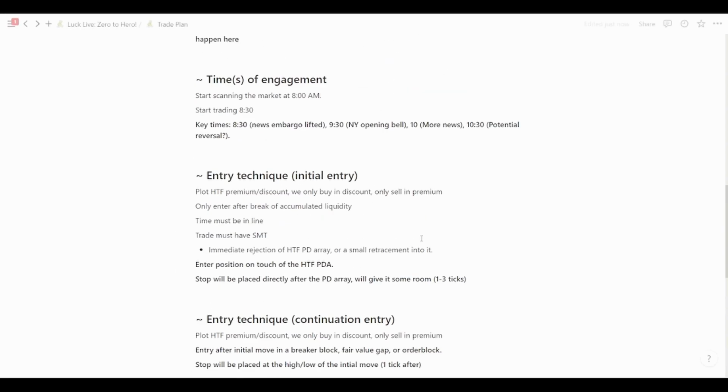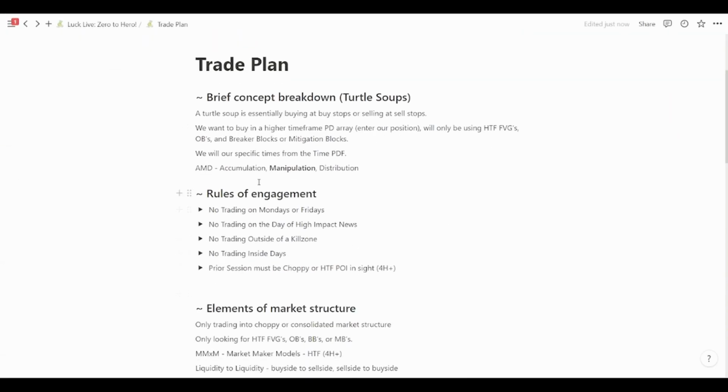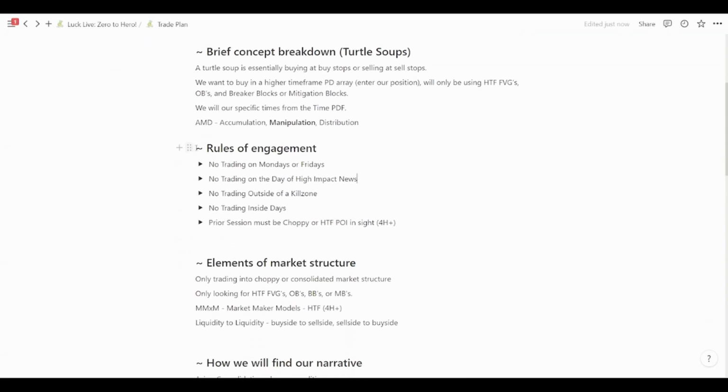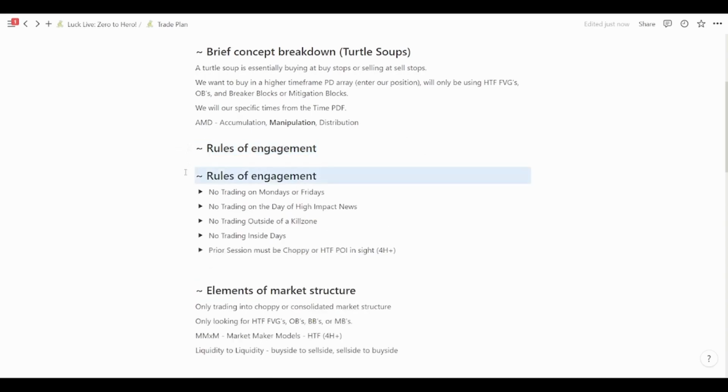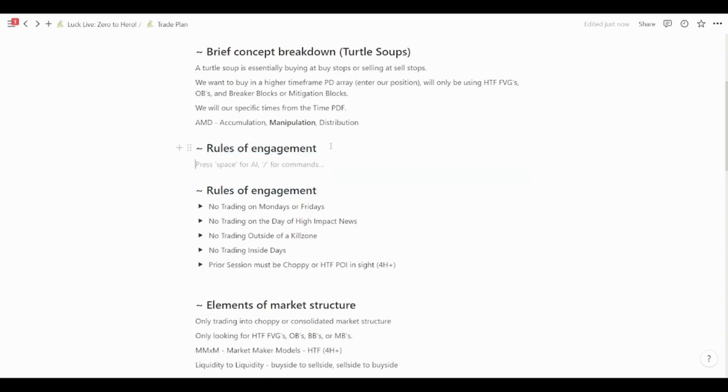Oh, yeah, I forgot to put which ones I'm going to be trading. So hold on. I'm going to put... Okay. We are only going to be trading 2. We're going to be trading the NASDAQ. So I'm going to be doing this on futures. So this is going to be NQ.